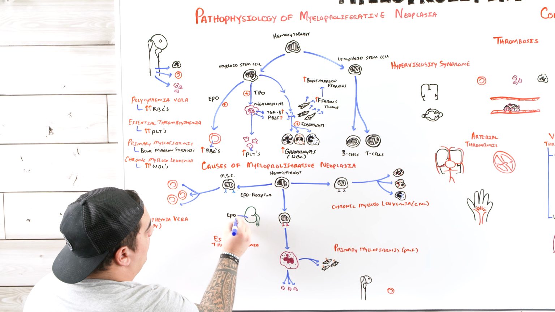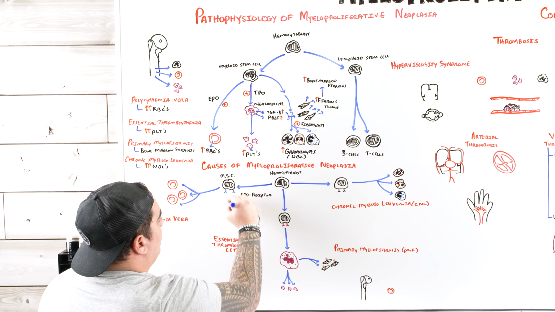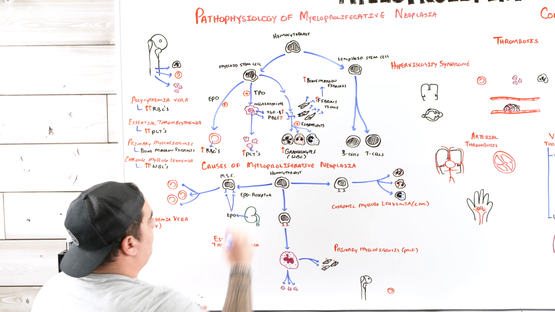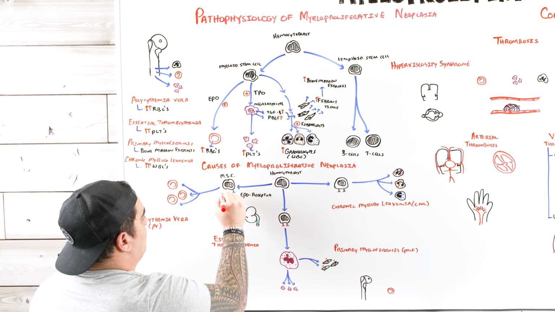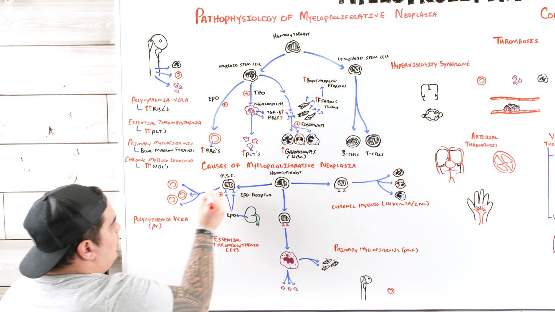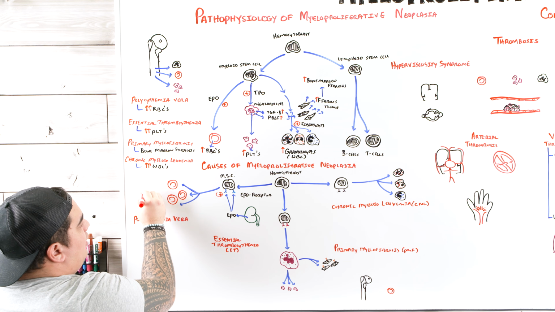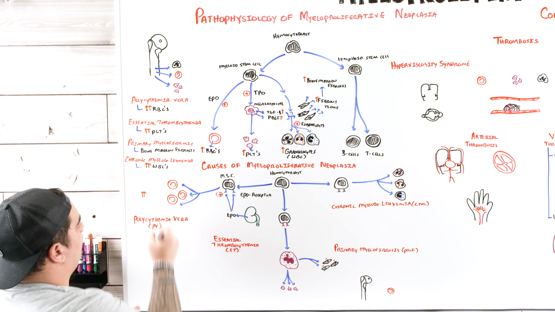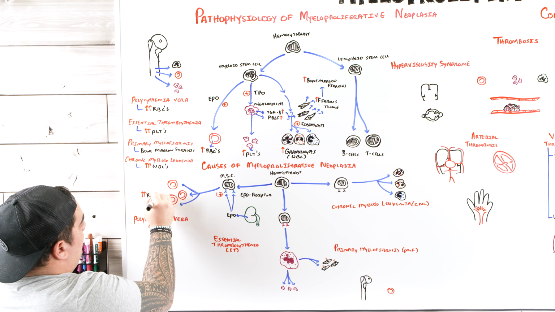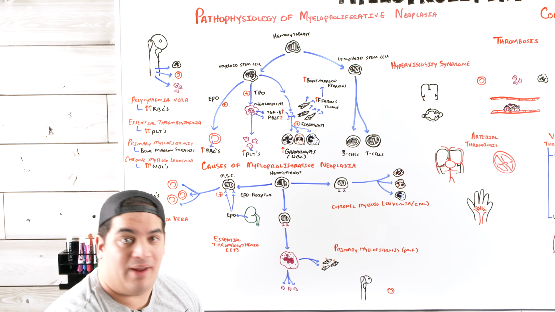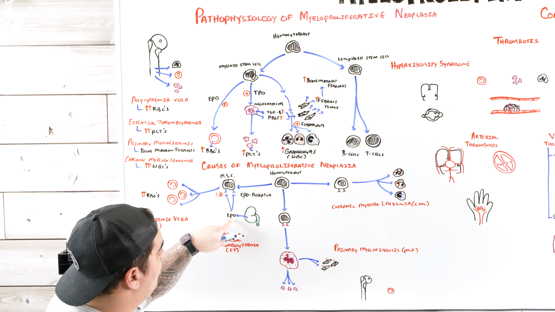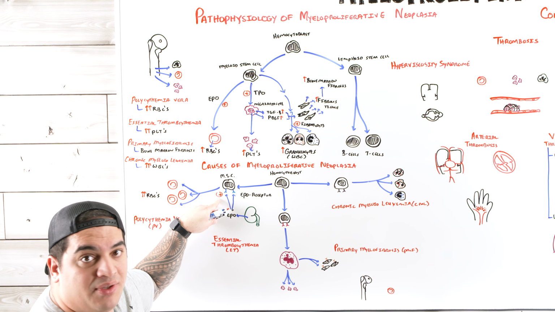That erythropoietin will then go and act on this erythropoietin receptor and stimulate this receptor, causing it to drive an increase in the number of red blood cells. So that's one thing we have to think about: it's the kidney producing lots of EPO that's stimulating the receptor.